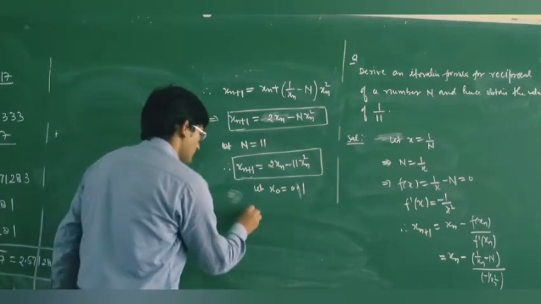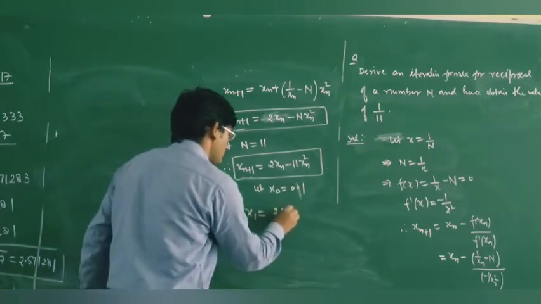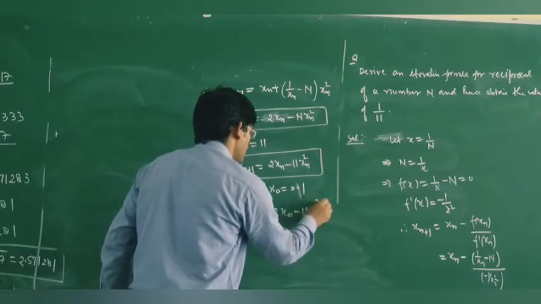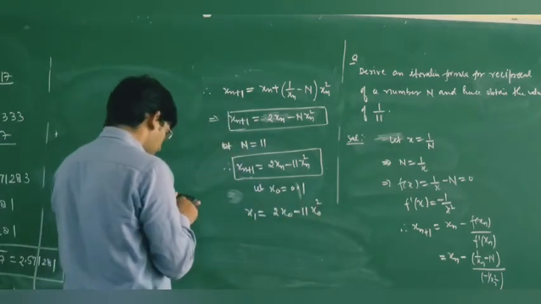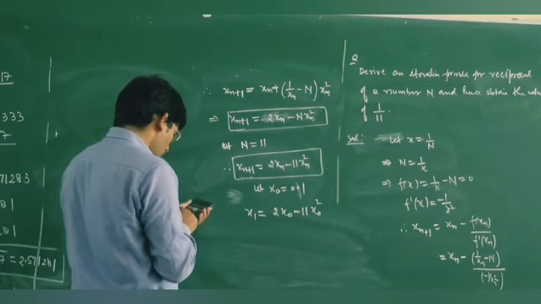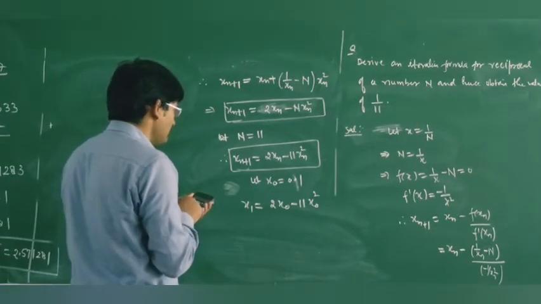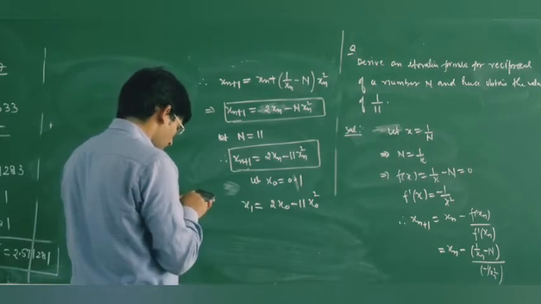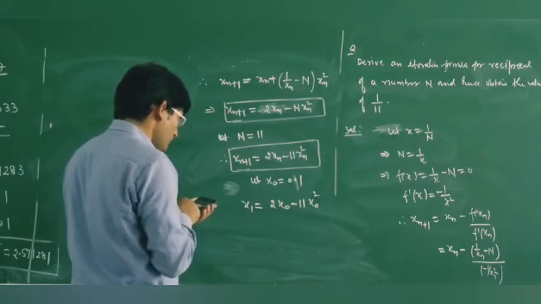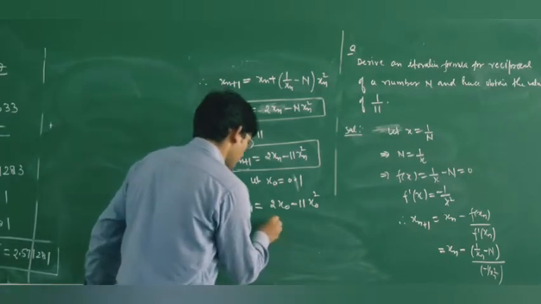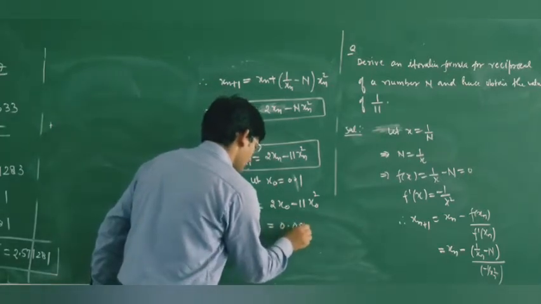Now your x1 is equal to 2 times x0 minus 11 times this x0 square. So this is equal to 2 times of this x minus 11 x square. Now this is equal to, at this 0.1, this is equal to 0.09.